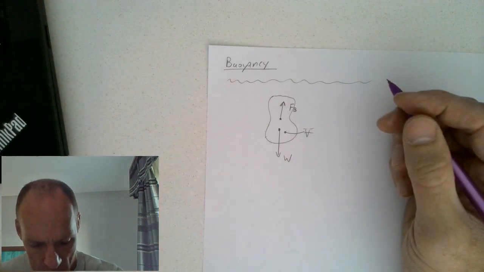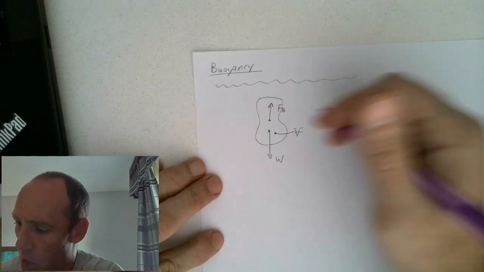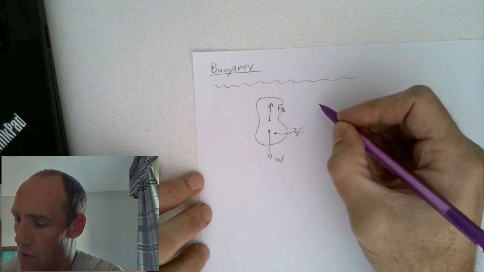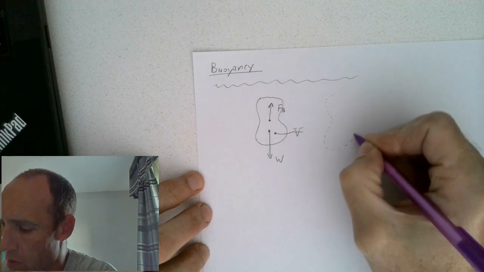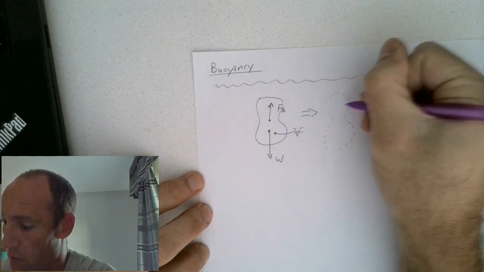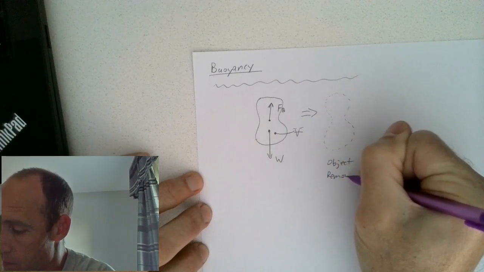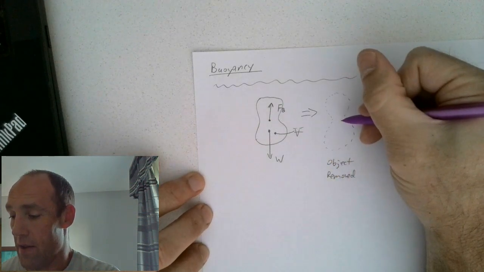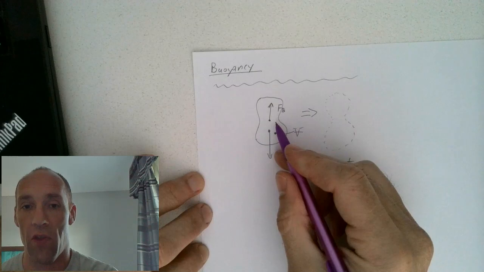However, the way the buoyancy force works, if I instead removed that object, I would have a void. Okay, so pretend that this is the same object. So object removed. The result is that this region of water was displaced when I inserted the object.